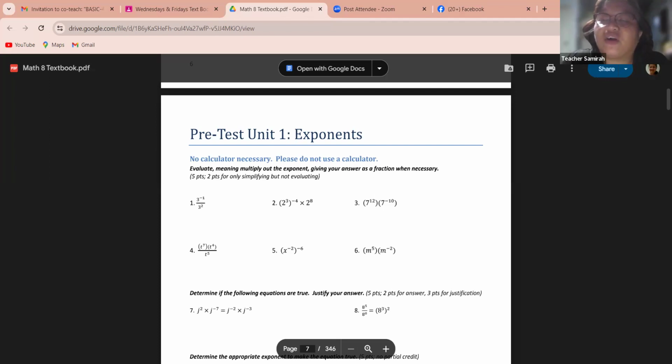If you encounter the same variables having different exponents, same base, it can be a number, it can be a variable, being multiplied together, what are we going to do with the exponents?